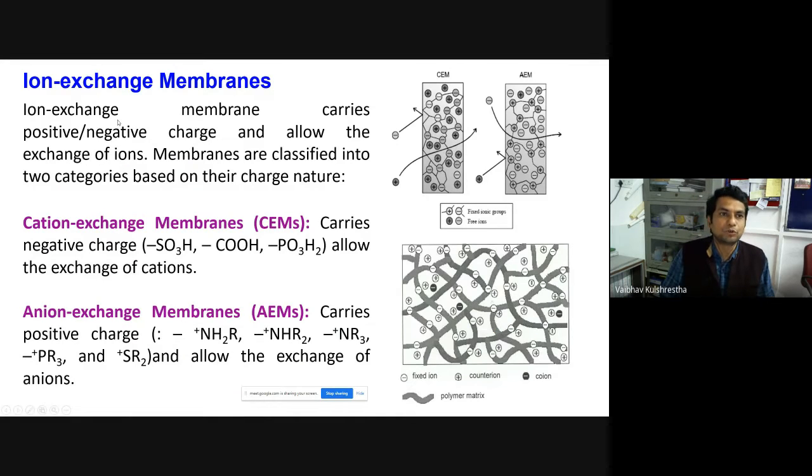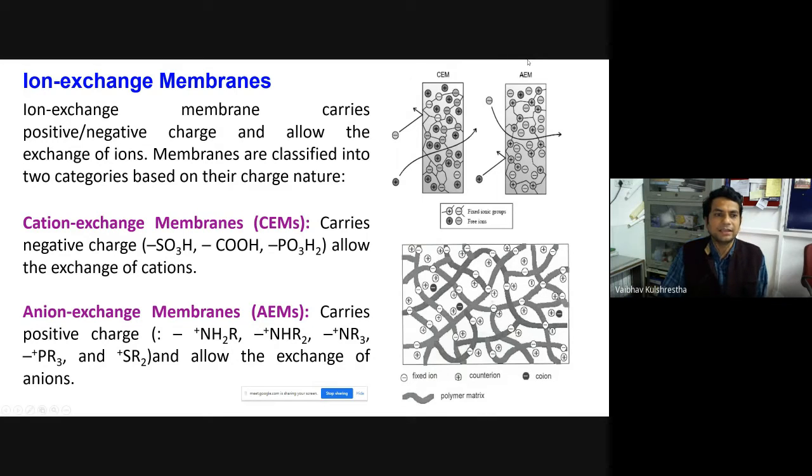So now I come to the ion exchange membrane, which is a functional membrane. Ion exchange membranes basically carry positive and negative charge and allow the exchange of ions, and can be classified into two categories. One is the cation exchange membrane. These membranes contain negative charge and allow the exchange of cations only.